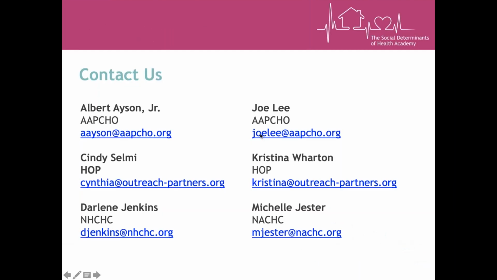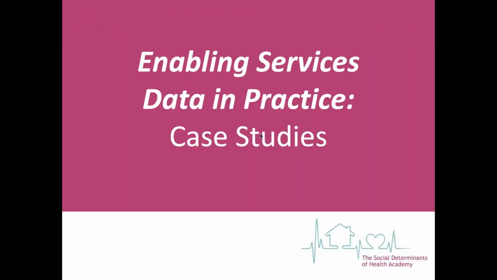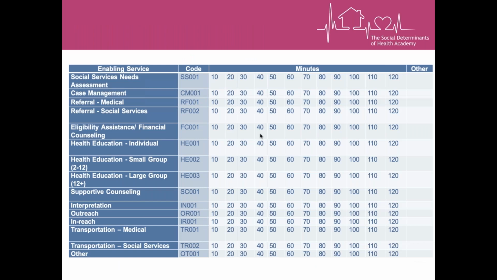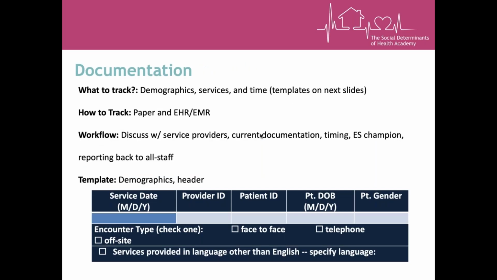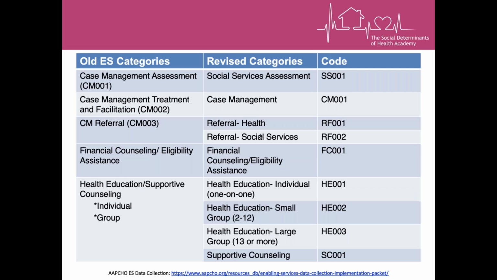So yes, those are dummy codes, and we developed them to ensure that they can be standardized. We developed our codes with our AAPCHO members, our health centers, initially, but later we incorporated wider national input. We did an environmental scan and interviews with health centers to come up with a uniform set of categories across all the sites.